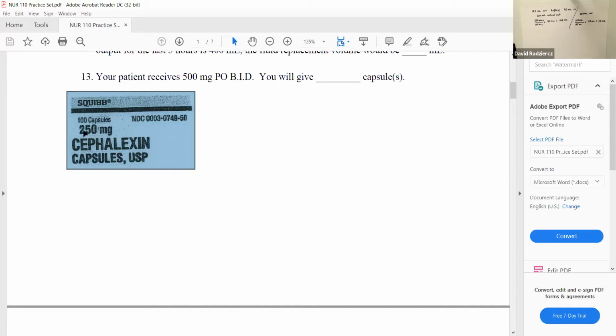So here, each capsule is 250 milligrams, and in this entire bottle, there are 100 capsules. That 100 has no bearing on your calculations, but the 250 per capsule does. So let's work that out.